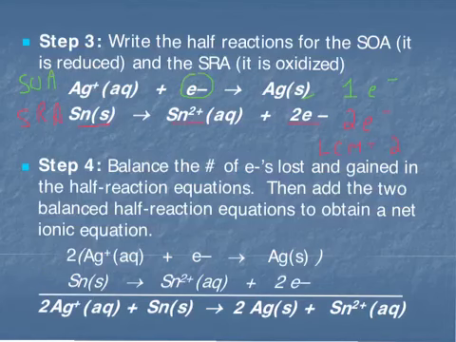So that means we need to multiply everything in our reduction reaction by 2 in order to get 2 electrons. Then when we add everything together, we have 2 silver ions plus solid tin, yielding 2 solid silver and 1 tin 2 plus ion.